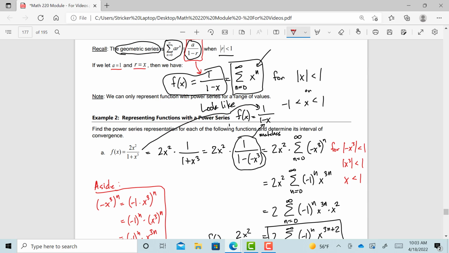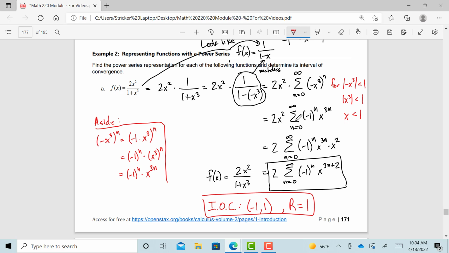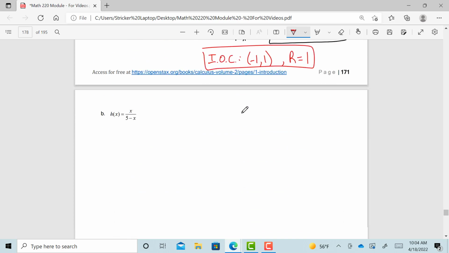So that means we can say our interval of convergence is -1 to +1, and our r is equal to 1. And there you go. Okay, let's go ahead and do one more example.